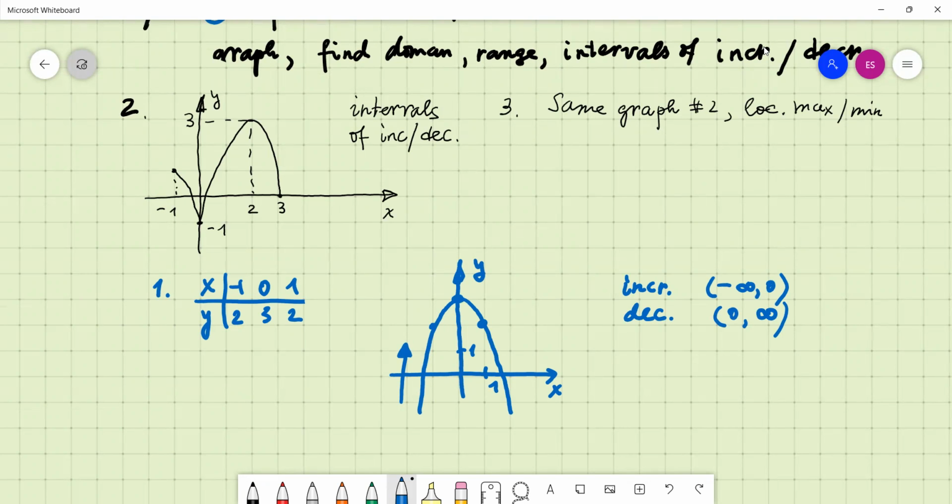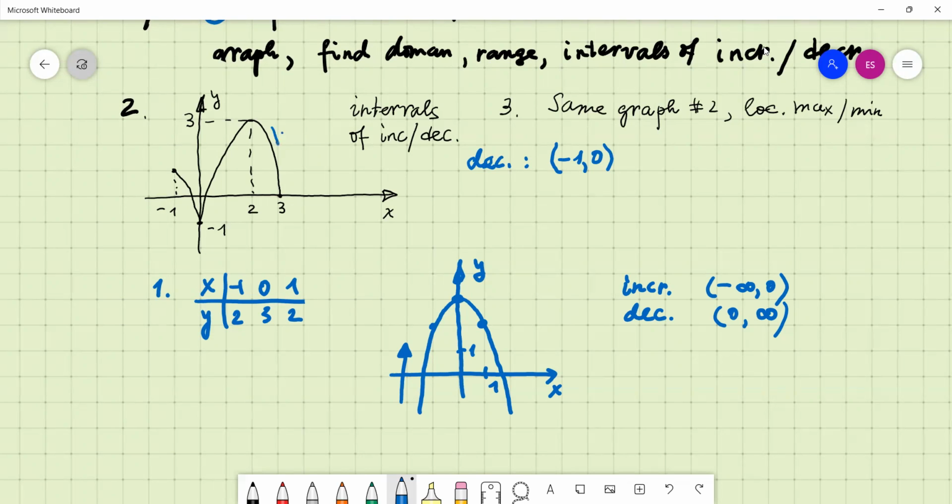For question 2, I'm going to look at the graph and write down intervals right on the graph. So what we see, the function goes down from -1 to 0. So I'm going to write down decrease from, oh sorry, I was trying to write parentheses, -1 to 0. Do we go down somewhere else?